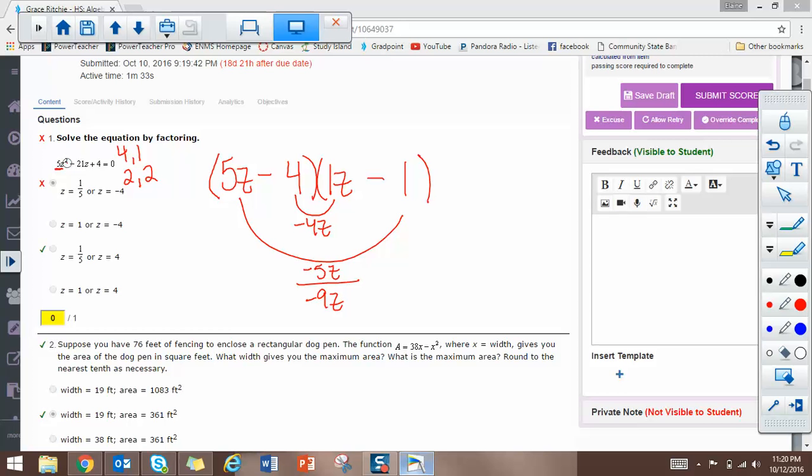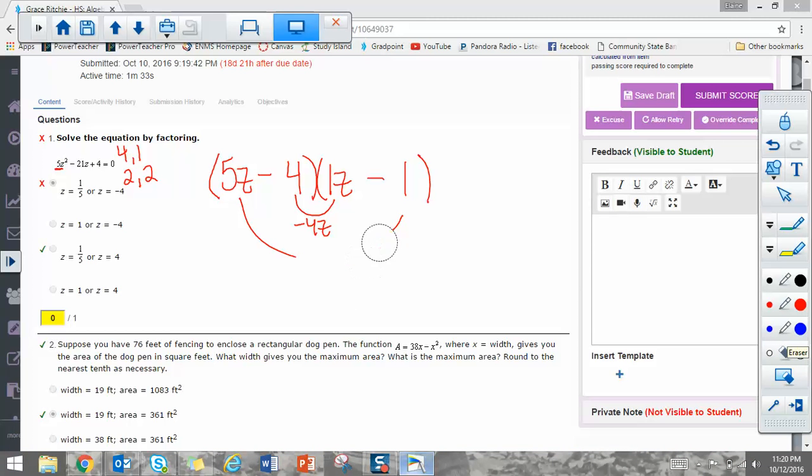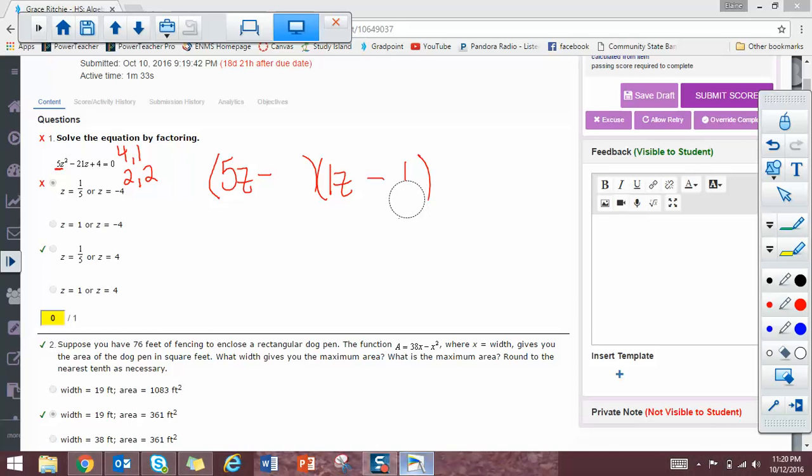I'm looking for a negative 21. So I need to try again with some different factors. This is why it's important sometimes to put in that prime number first, because I don't have any other factors of 5 other than 5 and 1.